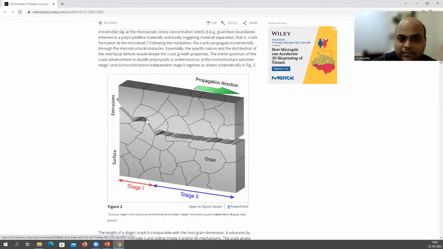The crack path is crystallographic in stage one. And as soon as it enters stage two, which is the blue region here, the crack propagation becomes perpendicular to the loading direction, which is shown here, right? So it is almost perpendicular to the loading direction. Okay. And what you see here, something like this, these are striations if you talk about the macroscopic scale. Okay, so it very nicely shows the 3D image of what we have already discussed.